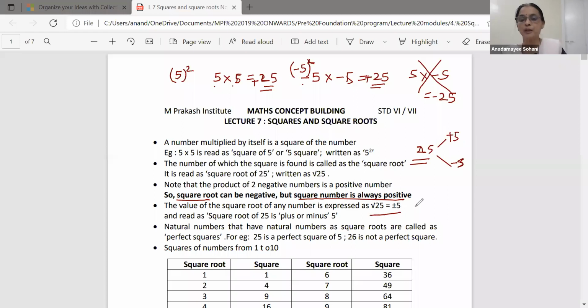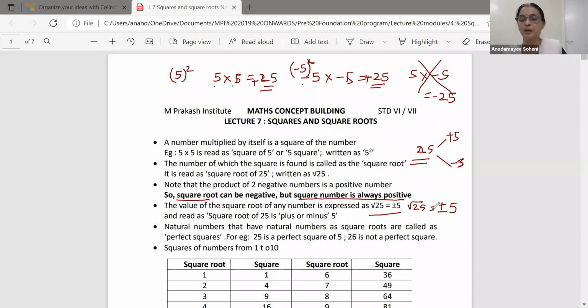And ideally, how do we write it? We write it as square root of 25 is equal to plus or minus 5. This is the sign we use for plus or minus. It can be plus or it can be minus. The meaning of this sign is both are possible, plus or minus 5.